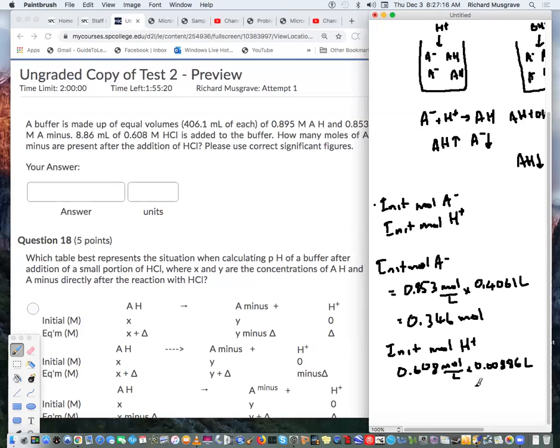So that would be 0.00538 moles. So to get this result, as I said up here, the A minus is going to go down when the H plus is added. So it's going to be these two values subtracted: moles of A minus minus moles of H plus, and that'll give the result, which would be 0.848, I think.